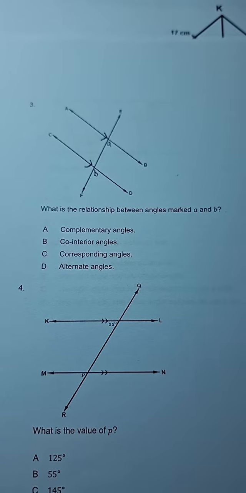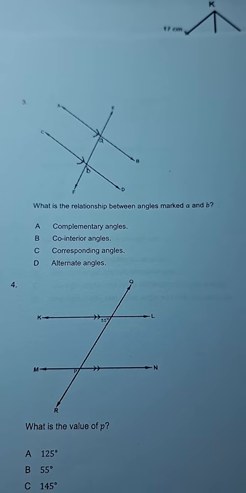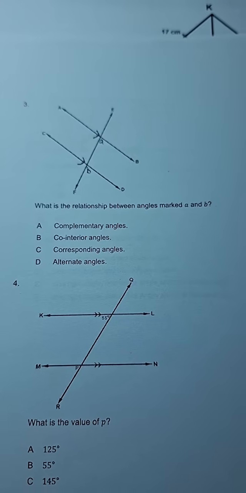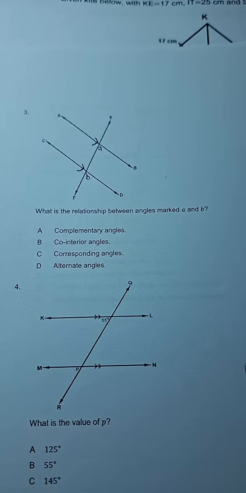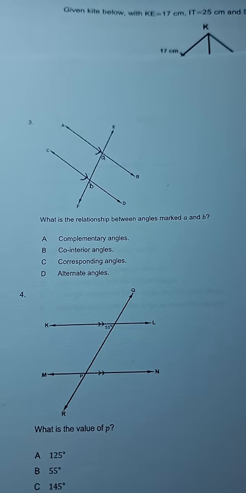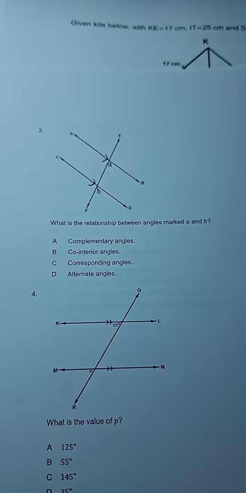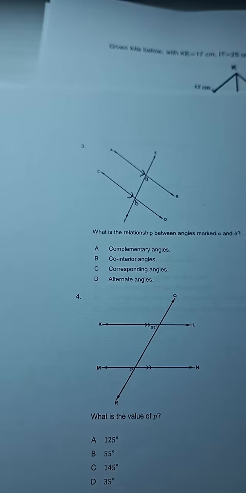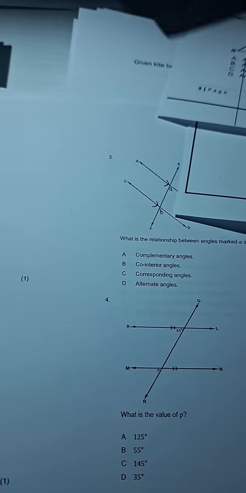So I see in the comment section, majority of people are saying corresponding angles. And I love that. If you are saying co-interior, then it means you are missing the essence of the relationships that exist between parallel lines. And we need to then revisit that understanding so that you are clear.